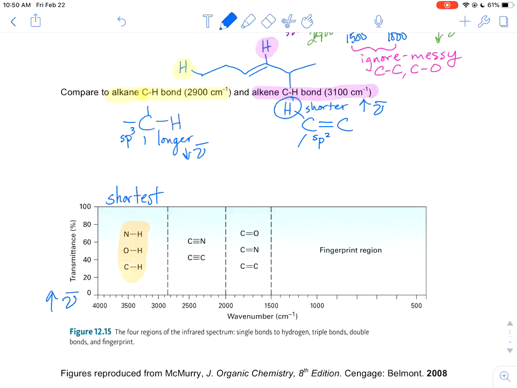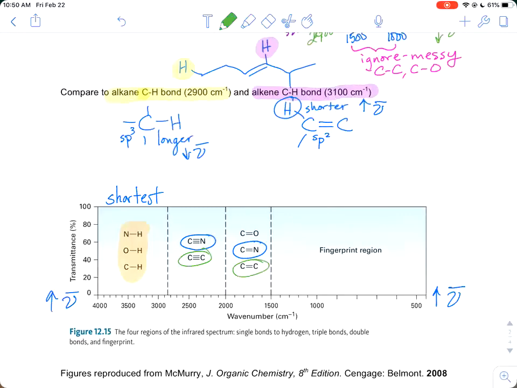We can see some direct comparisons finally. A carbon-nitrogen triple bond is going to be shorter than a carbon-nitrogen double bond, so it's going to have a relatively higher stretching frequency. You can see a similar comparison between carbon-carbon triple bonds and carbon-carbon double bonds.